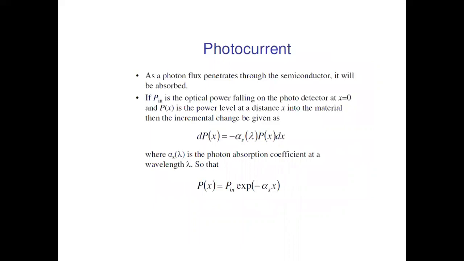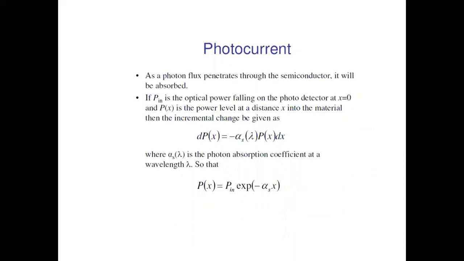Now the photocurrent. To understand it, as a photon flux penetrates through the semiconductor, it will be absorbed. If P_in is the optical power falling on the photodetector at x equal to 0, then P(x) is the power level at a distance x into the material.